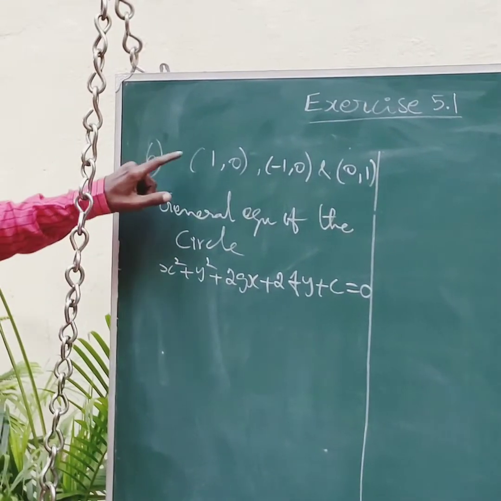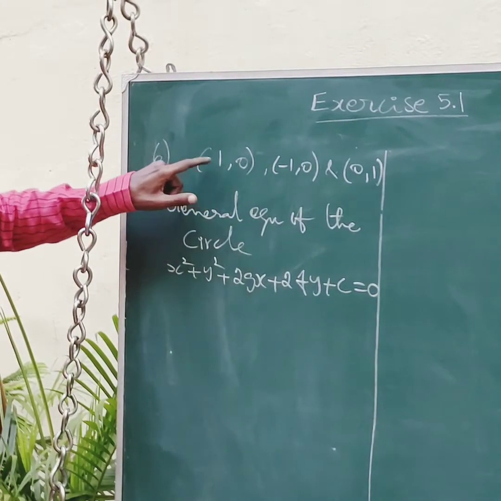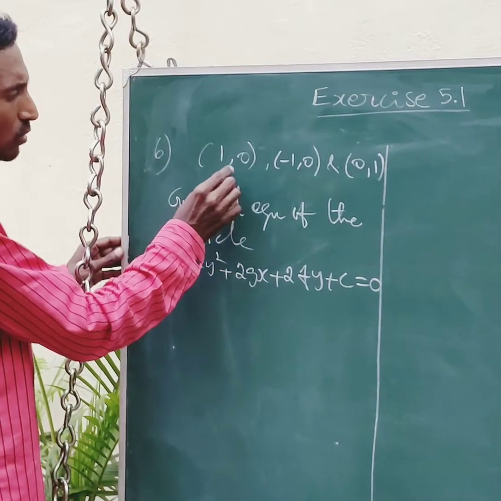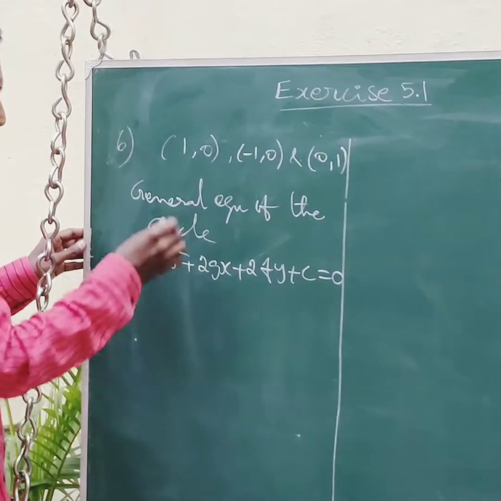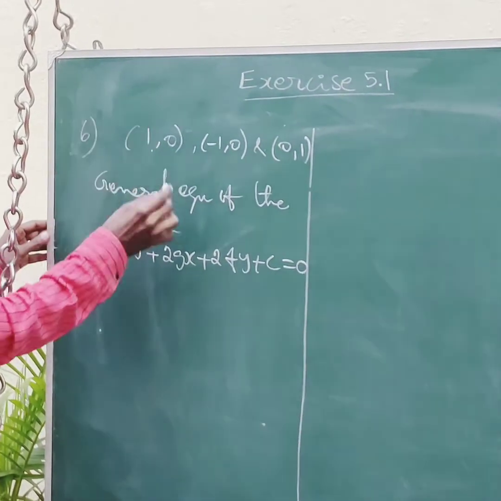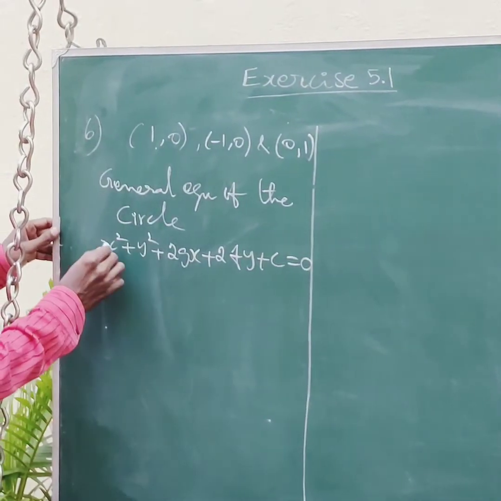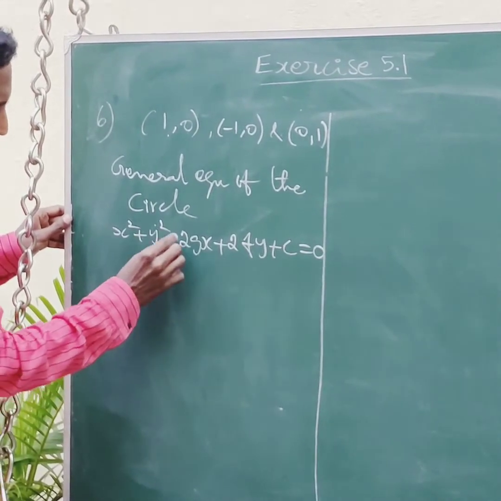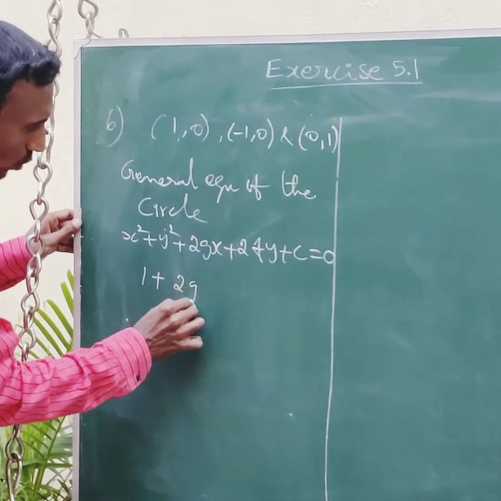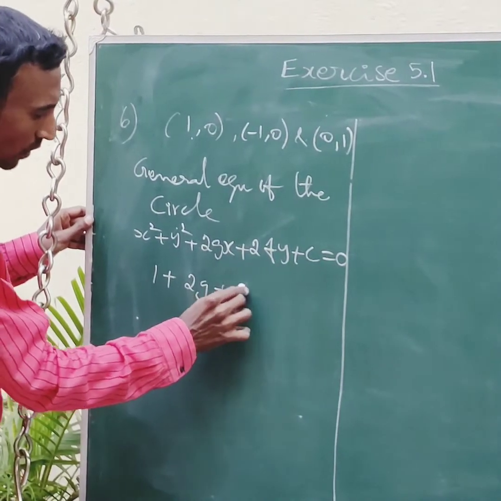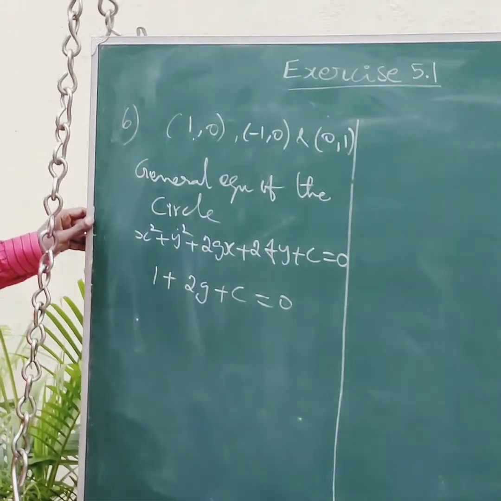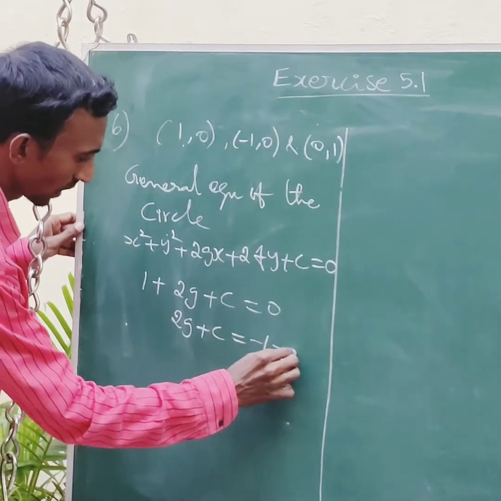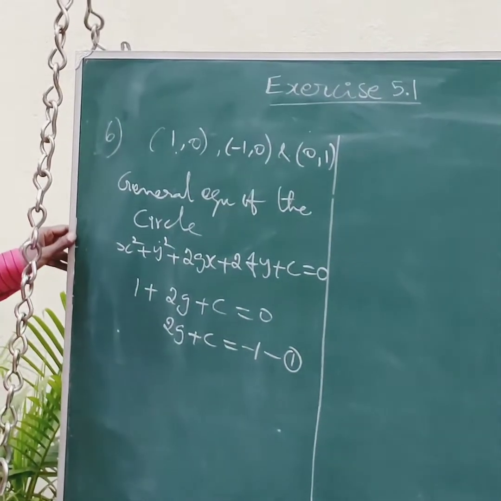That means it passes through all the 3 points, meaning these 3 points satisfy this equation. Let me put the points one by one in this equation. First put x equal to 1 and y equal to 0. So 1 square is 1, and here we are getting 2g, the other term becomes 0, so 2g plus c equals minus 1. Take it as equation number 1.